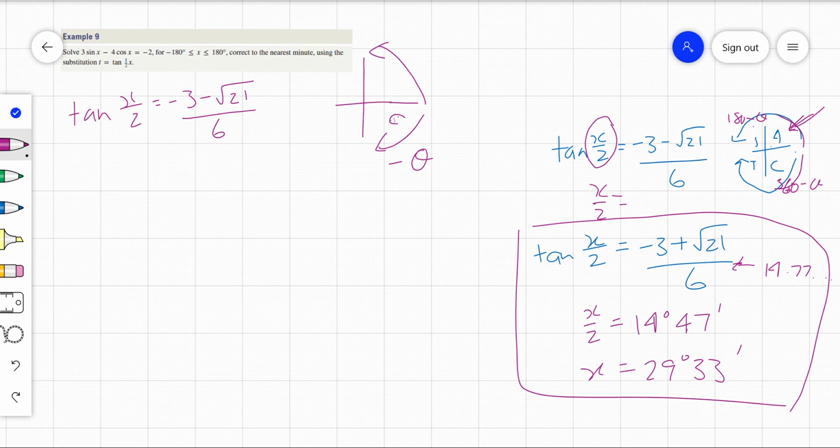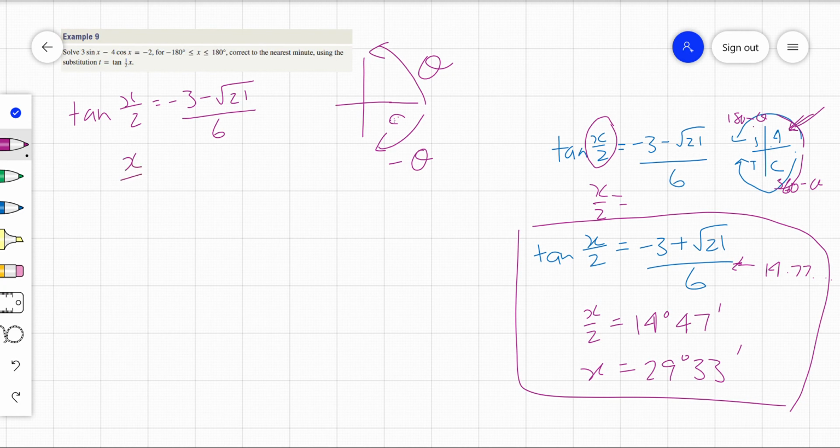So what I'm doing in my calculator is I'm looking at the acute positive theta, and then I'm going to put a minus in front of it. All I did in the calculator was 3 plus root 21 divided by 6, and then I inverse tan of that answer.